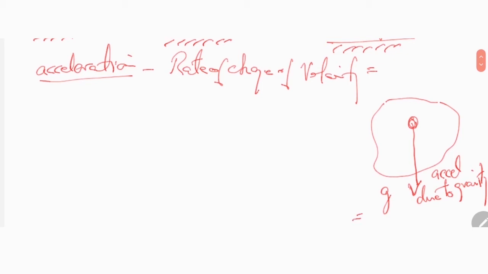And this value is 9.81 meters per second square. Please remember this, okay? But though it is 9.81 meters per second square, in all our calculations we'll approximate it to 10 meters per second square, for ease of calculation.